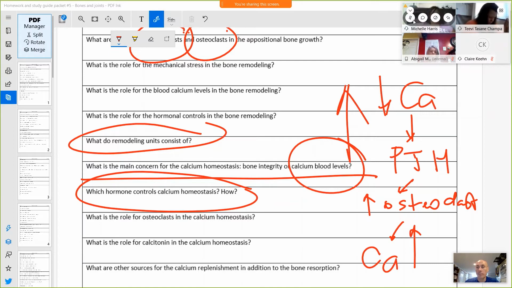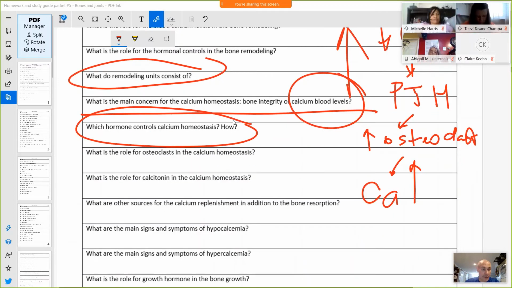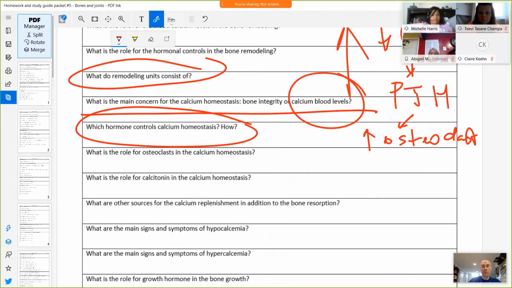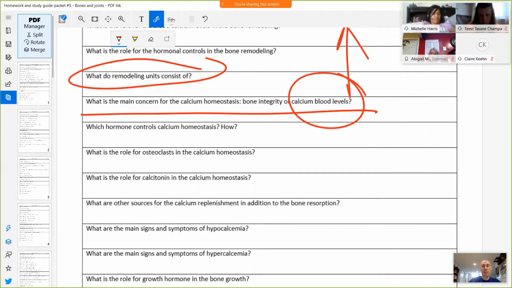Okay, we got this. So osteoclasts essentially remove calcium from the bones. Calcitonin is a bit controversial, but for our intents and purposes, we can say calcitonin reduces blood calcium. So let me just remove all that chicken scratch. For calcitonin, this is what's going to happen.